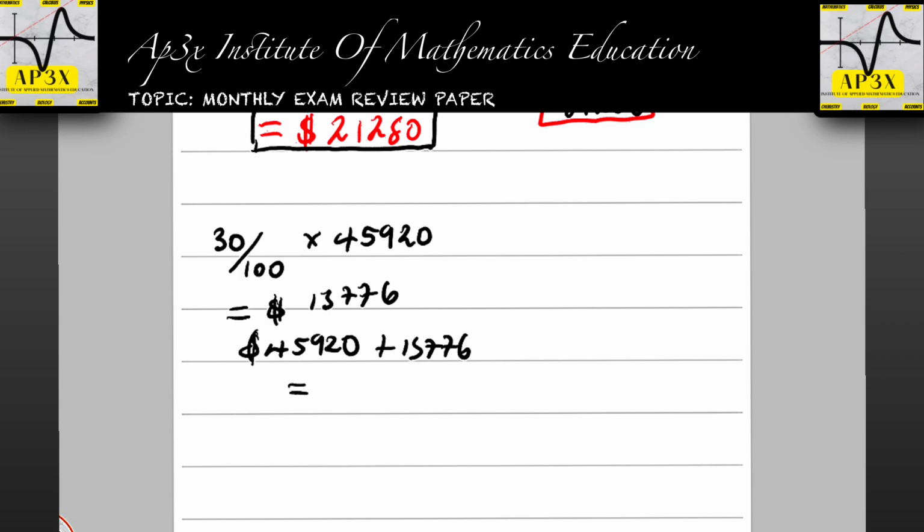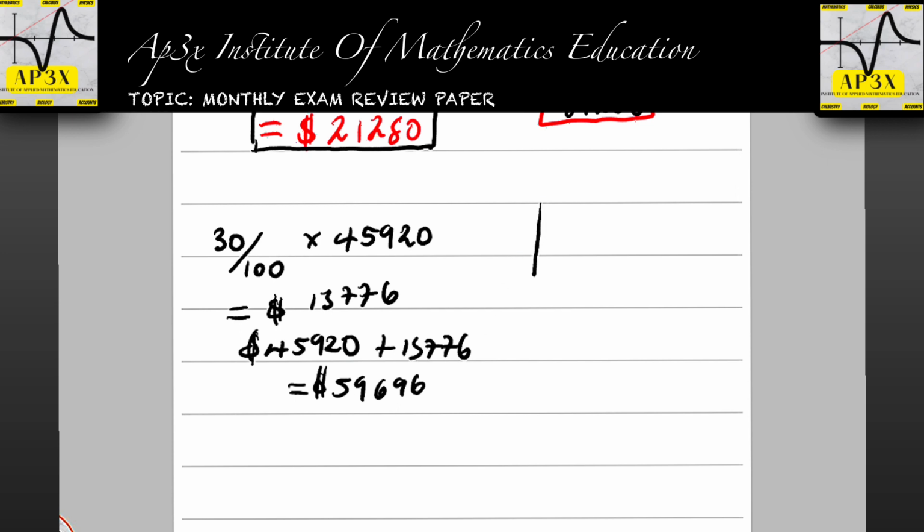plus 13,776. So this customer here would have made $59,696. So they would have gotten back their money that they spent and a little bit of profit, which is equivalent to 30%.